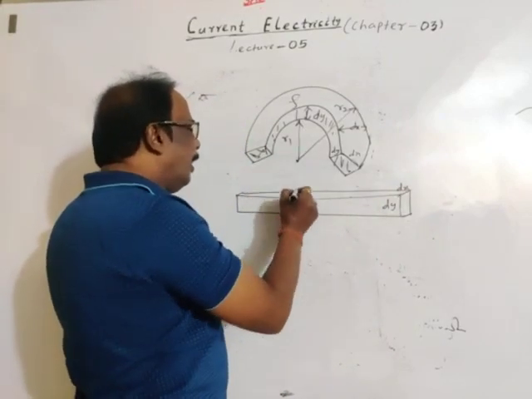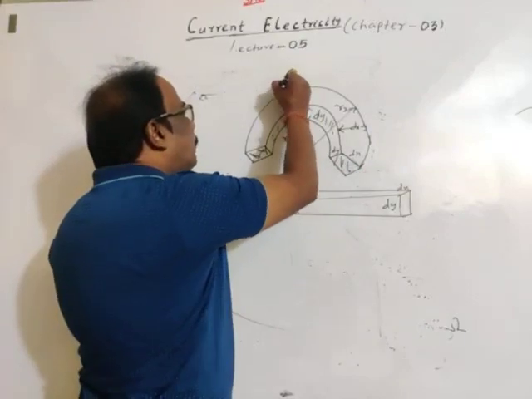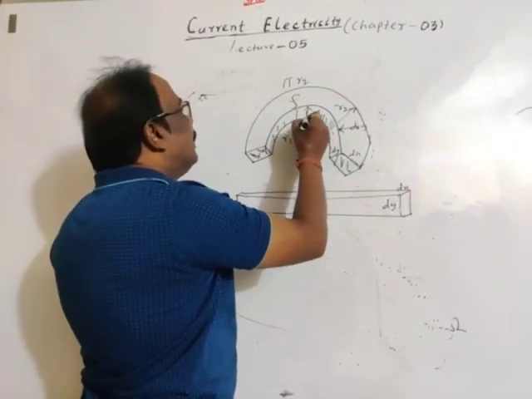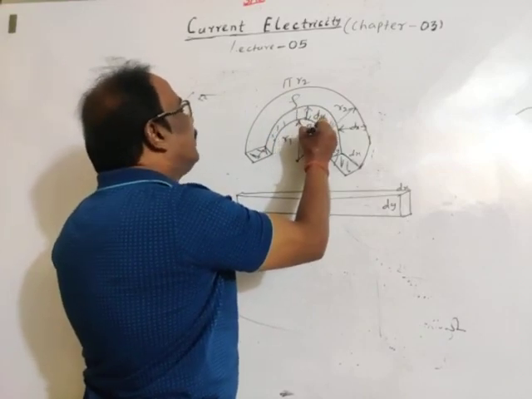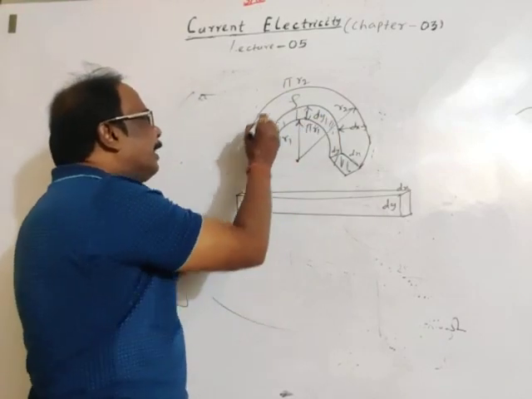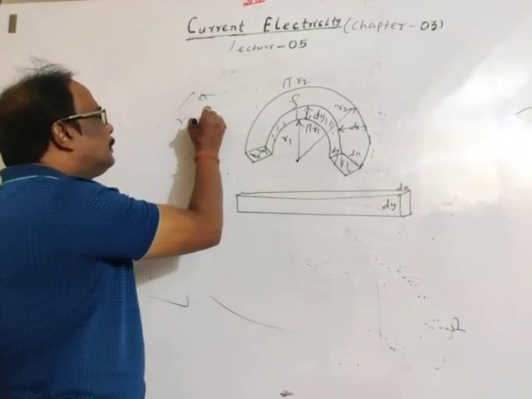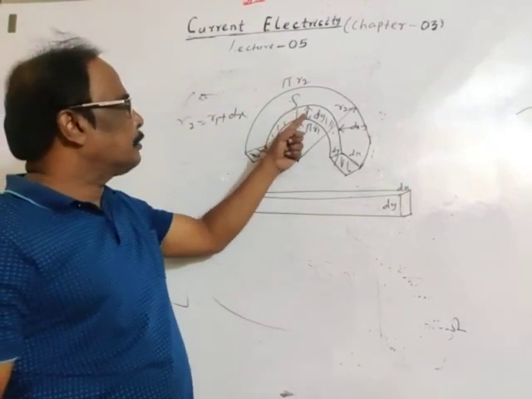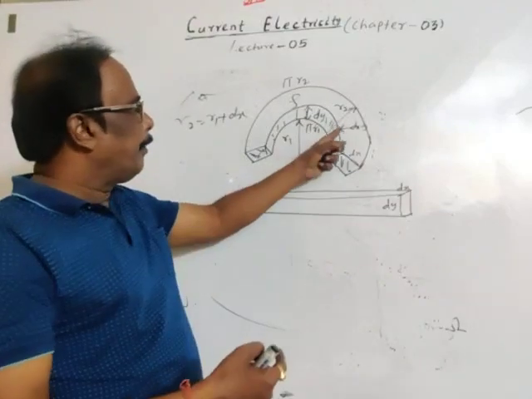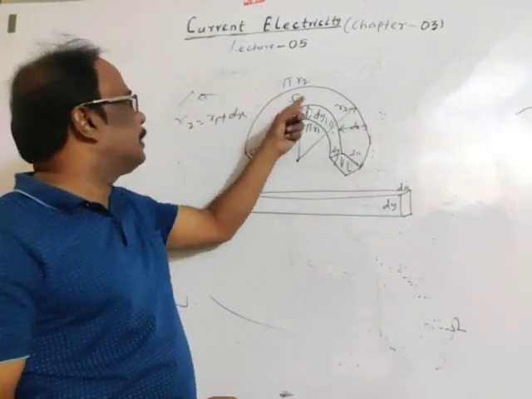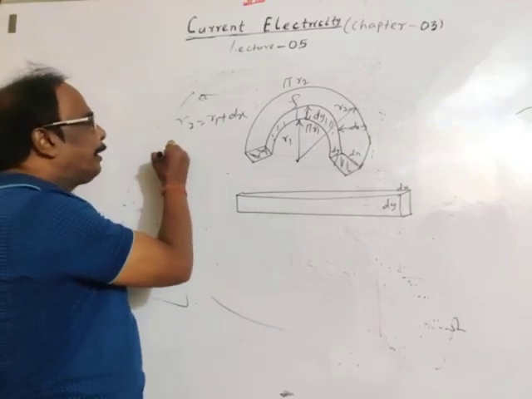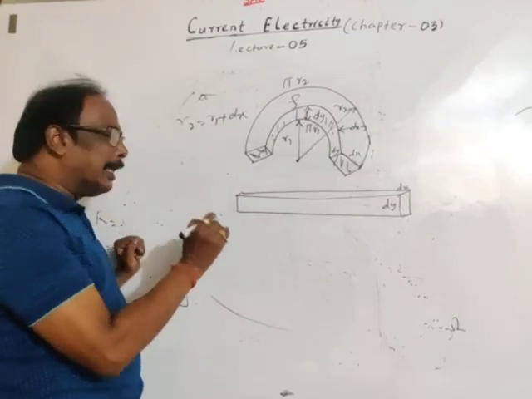Outer length will be pi r2 and inner length will be pi r1. Then how can you get r2? r2 is equal to r1 plus dx. See, inner radius is r1, radial thickness is dx, then outer radius is r2. Then you have to take the average length.